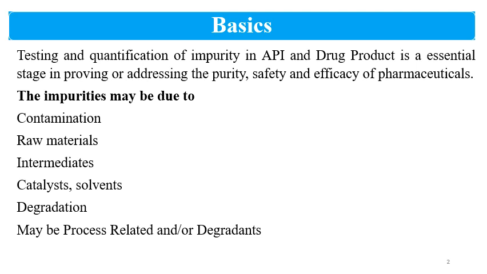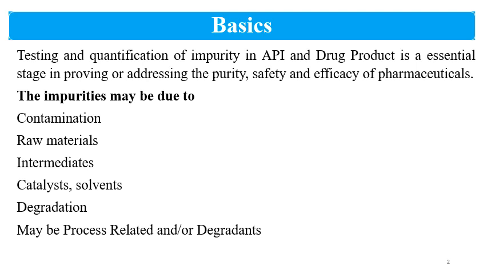The products may be API, may be excipient, or may be the formulation. Because impurity levels are directly linked with the toxicity, and that's why the impurity levels affect the safety and efficacy of the API and the formulation.